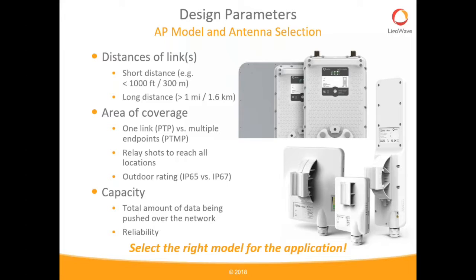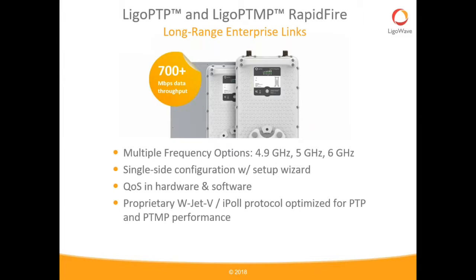So it's very important that you pick the right AP model for the particular application. And what we try to do, which you'll see in a few minutes, is have a couple of families of products that use basically standard components with differences, for example, in the antennas, that allow you to mix and match based on the particulars of your application.